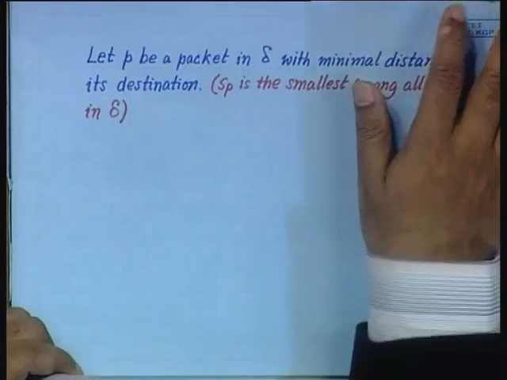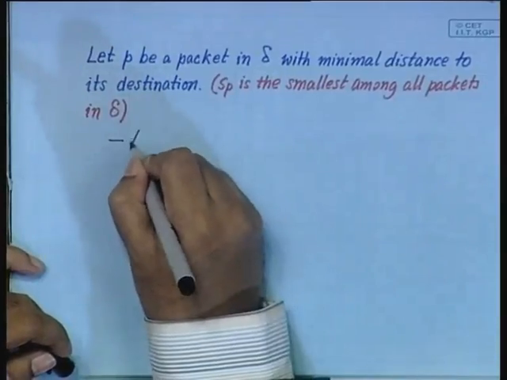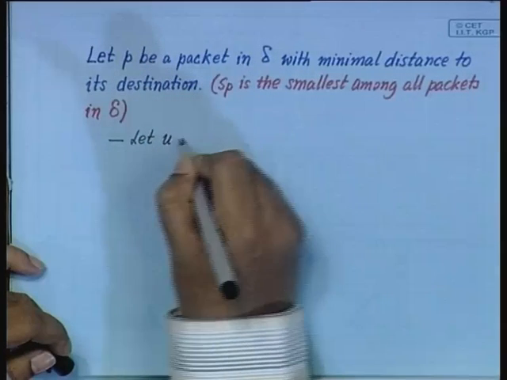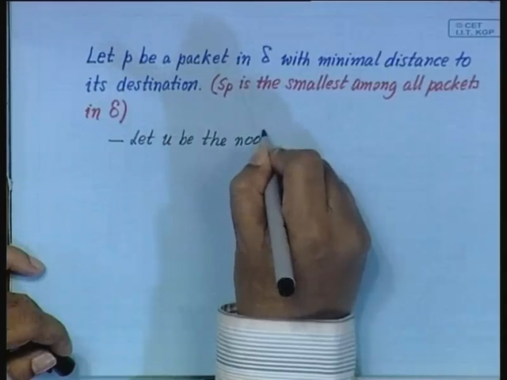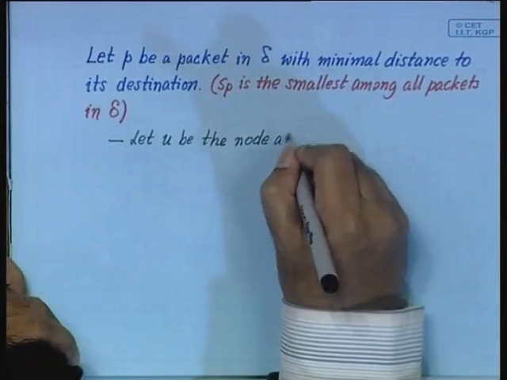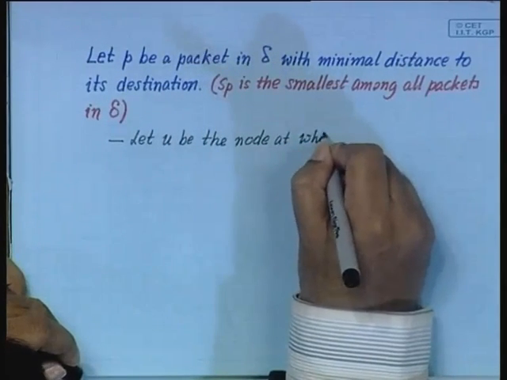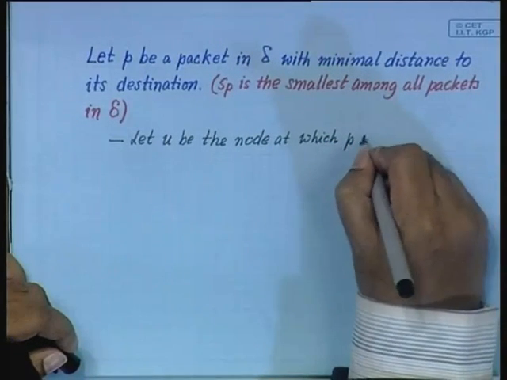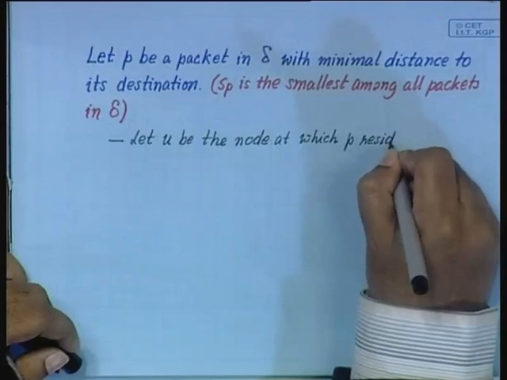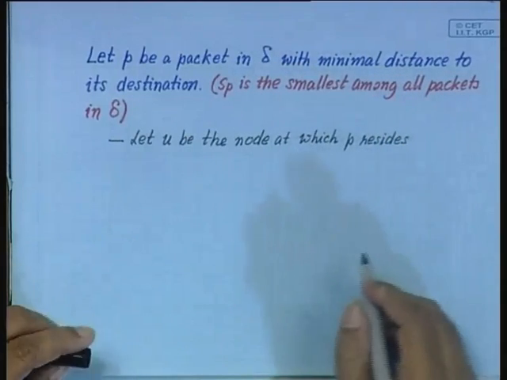Now, let us say that the packet P is in node U. Okay. So, let U be the node at which P resides. Now, in delta remember that none of the packets can move.